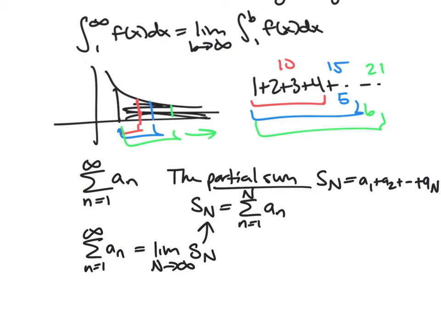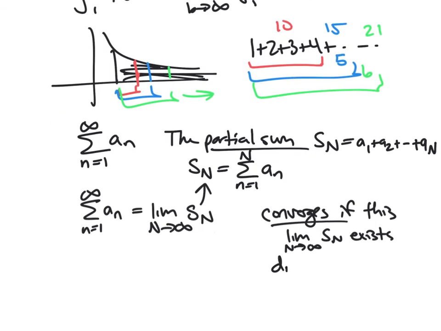And so now we can use all the techniques we had for sequences to determine whether or not our series is going to converge or diverge, right? And so we say that the series converges if this limit exists and diverges otherwise.